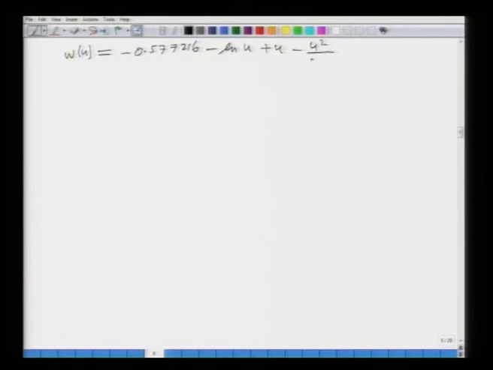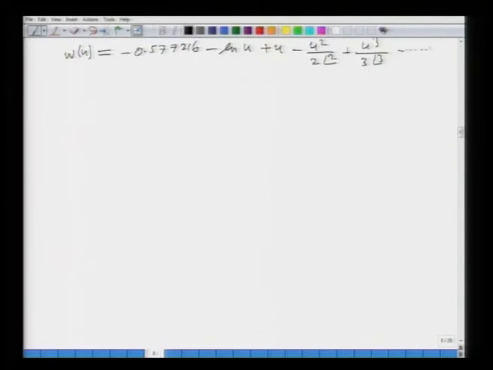This W(u) can be expressed as: minus 0.577216, it is a constant, minus natural log of u plus u minus u squared over 2 factorial 2 plus u cubed over 3 factorial 3 and so on.